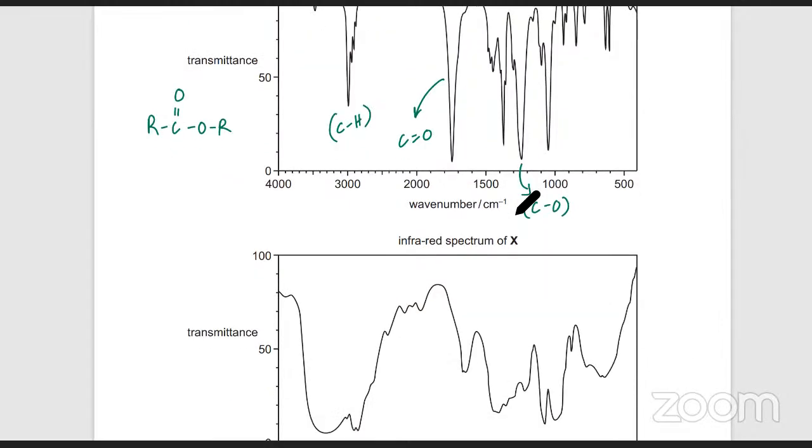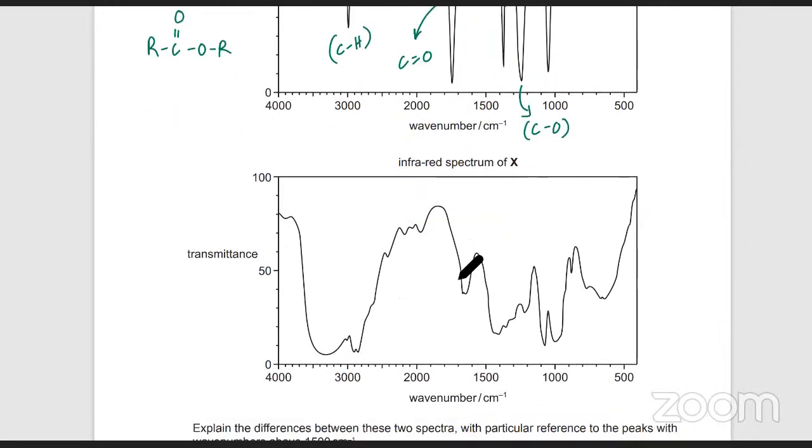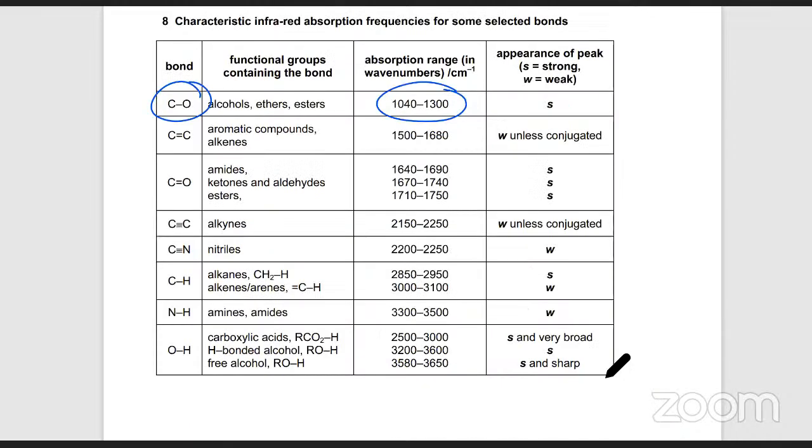As the next part, infrared spectrum of X, so strong and wide absorption around the 3000. So when do you get a strong and broad absorption? So that must be an OH that belongs to the carboxylic acid.